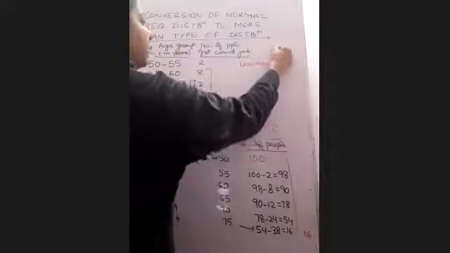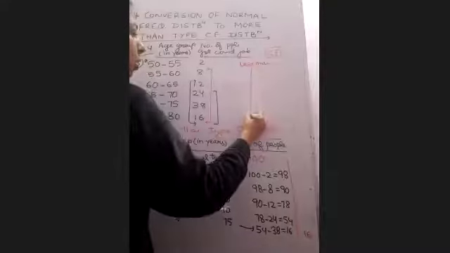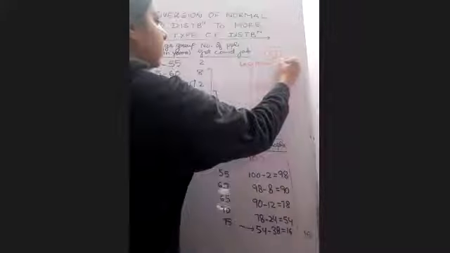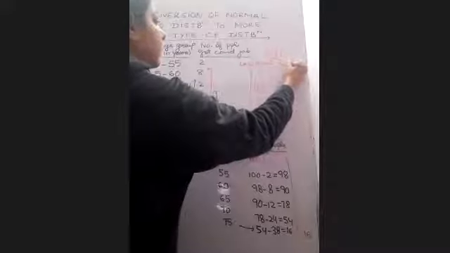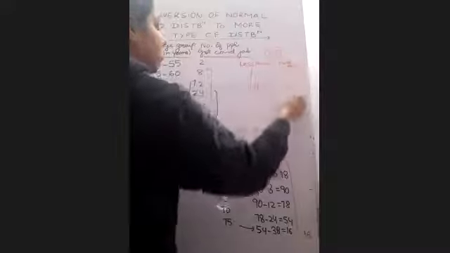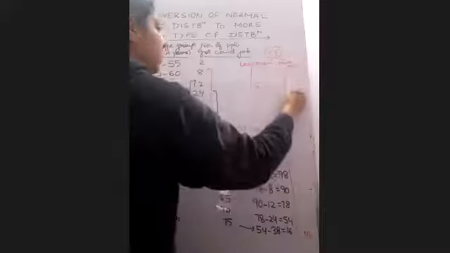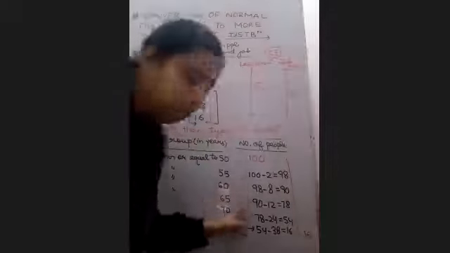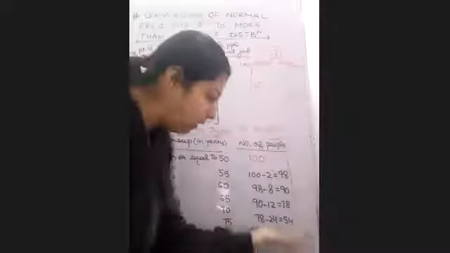Please be clear with this. When you find less than type, from top to bottom you add. Is that what we do? Yes, ma'am. And when you are doing more than, you may add from bottom to top. These are two ways: either you do subtraction or you add from the bottom.